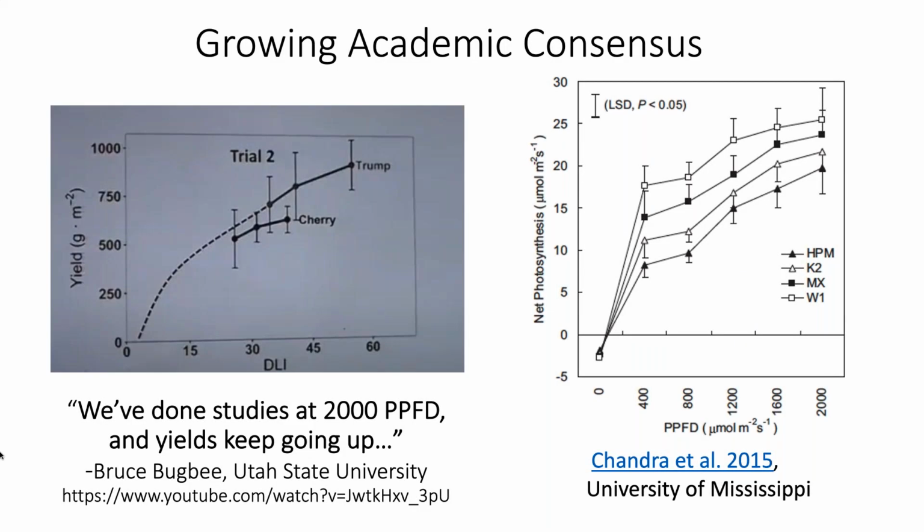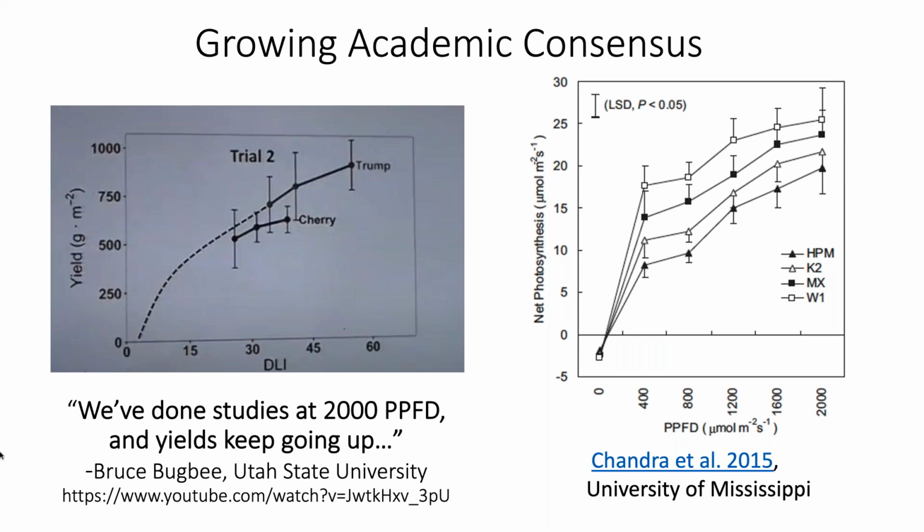Okay, and like I said, there's a growing academic consensus, where I'm not the only researcher that found this. Bruce Bugbee from Utah State University has studies showing that they can go up to 2,000 PPFD, and yields keep going up.